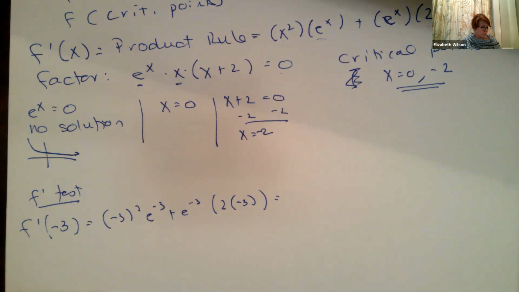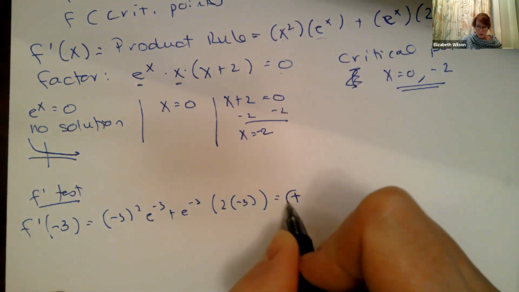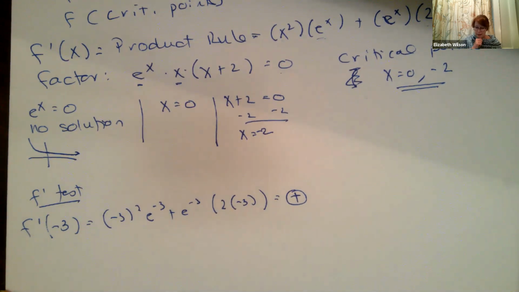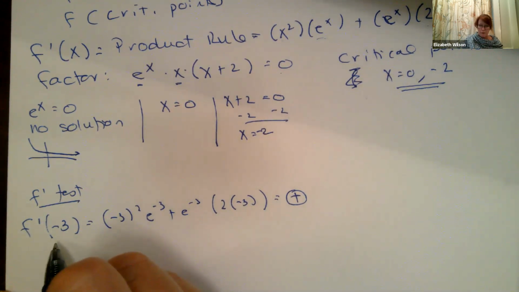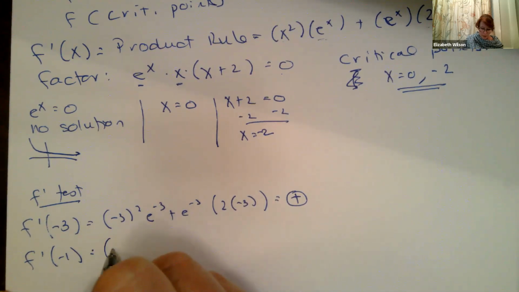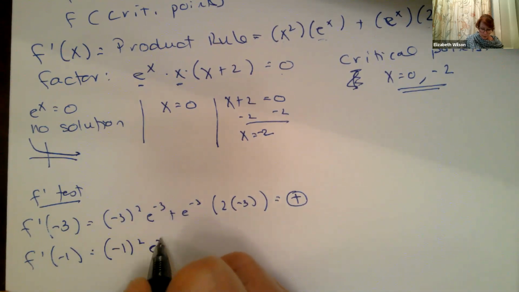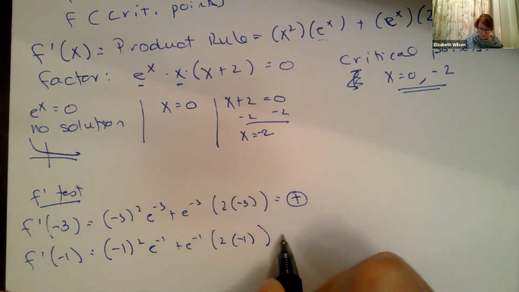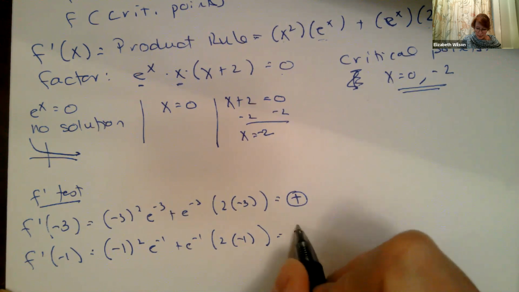It doesn't matter what the value is, but it matters the sign. That was a positive value. I'm going to choose a value on the other side of minus 2, so I chose f prime of minus 1. I'm going to do the same thing: minus 1 squared e to the minus 1 plus e to the minus 1 times 2 times minus 1. And this one, I got a negative.